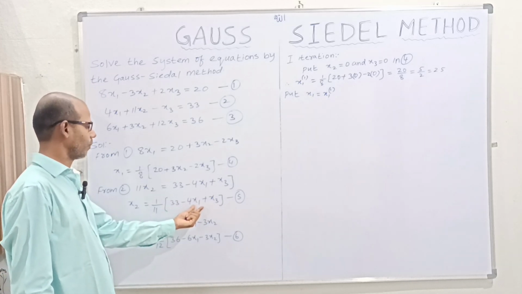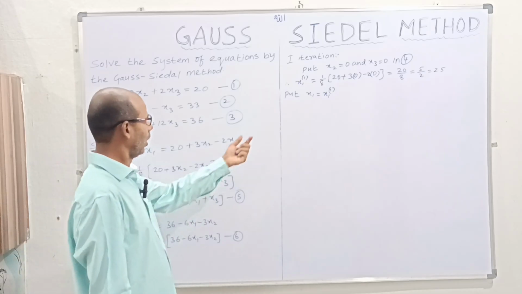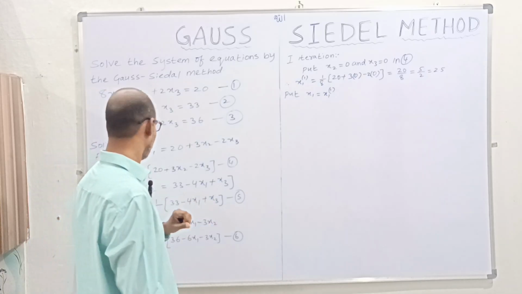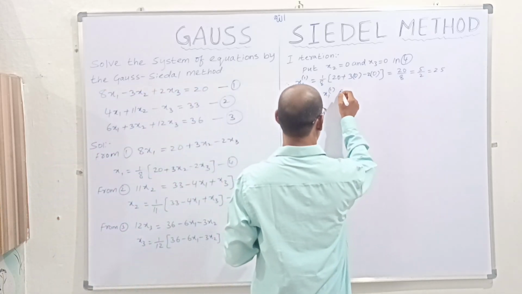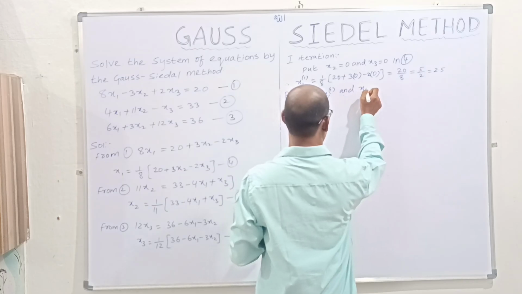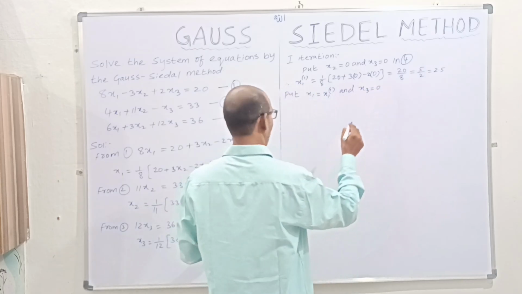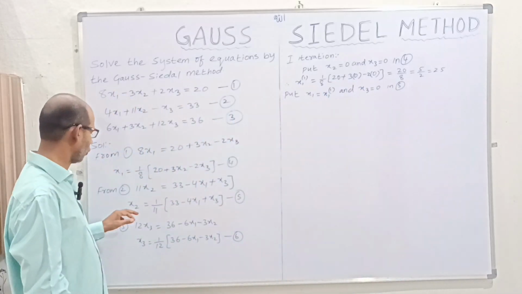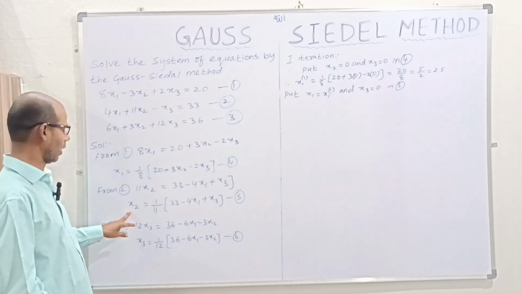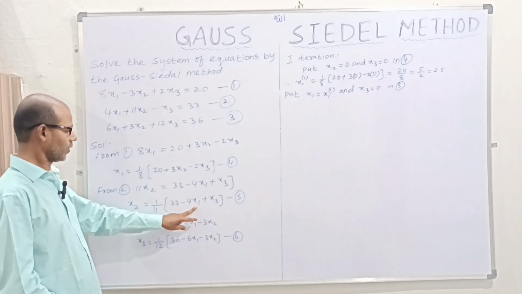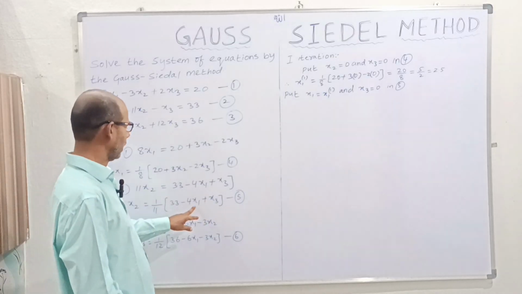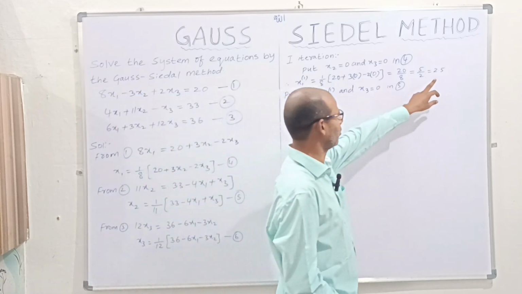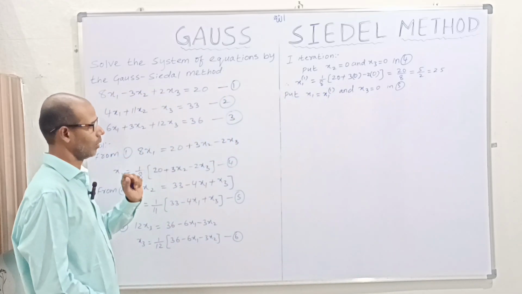Here, instead of x1, we will take the value of x1 from the first iteration, that is 2.5, and x3 as 0.